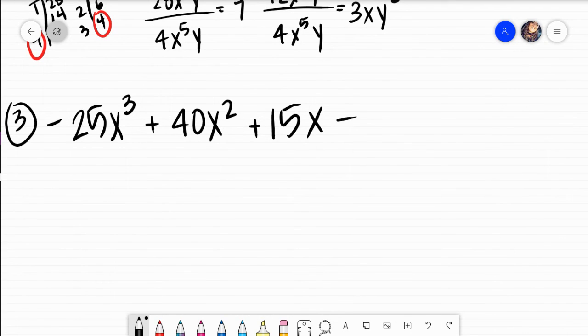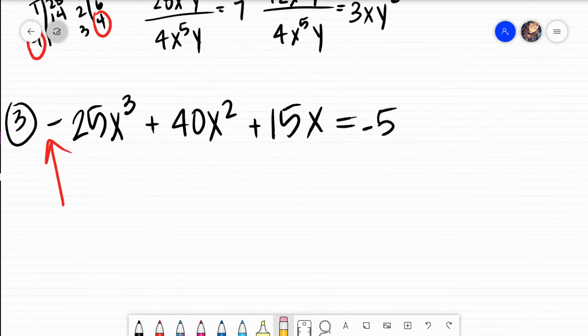The reason why I did this example, y'all, is when your leading coefficient, the number in the front, is negative, that negative sign has to be pulled out and put in front of your GCF. So I know 5 is the largest number that'll divide all 3 terms. Because my leading coefficient is negative, my 5 is negative.